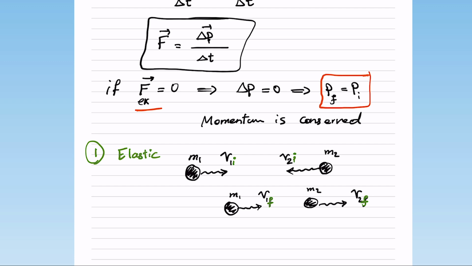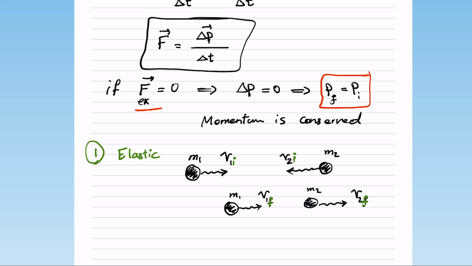The important part is that these two objects are not combined. They are not deformed. They collide and they bounce back. They bounce off of each other. They don't combine. They don't smash together. They don't make a sound. They don't deform. If that's the case, we call those types of collisions elastic collisions.